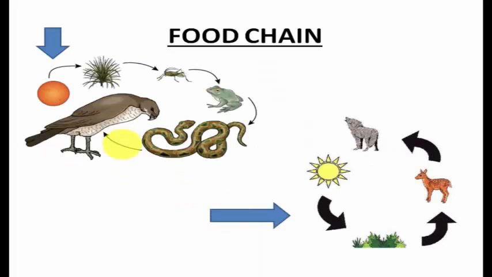Look at this food chain. What is happening here? This is a green plant over here. The green plant is eaten by a grasshopper, which is eaten by the frog. The frog is eaten by the snake, and the snake is eaten by these vultures or the crow or the eagle, right? And these green plants obtain their energy from the sun. So the cycle is getting completed.